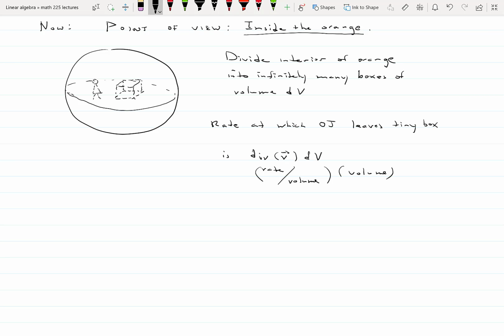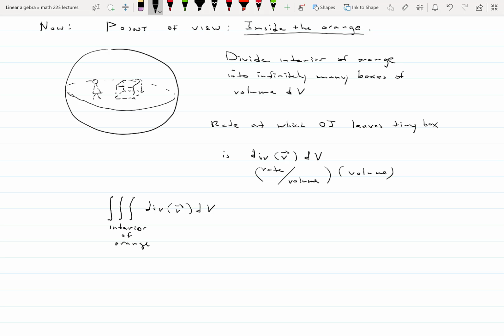Okay, so how is she going to sum up those rates? She's going to take the triple integral of the divergence of V dV, integrating throughout the interior of the orange.